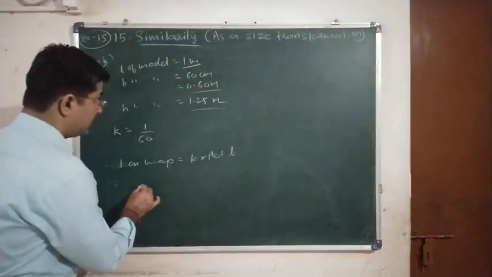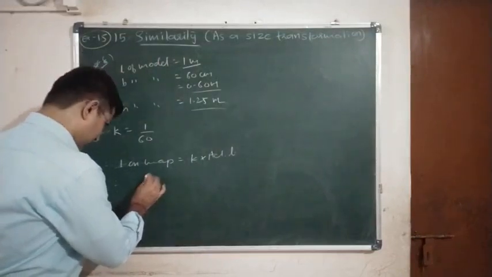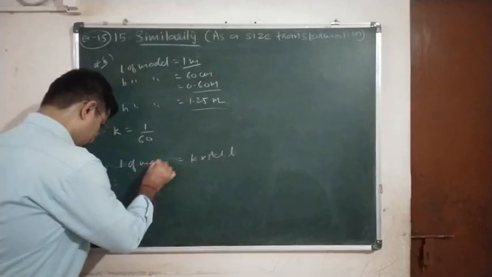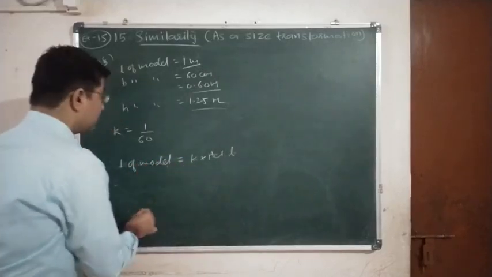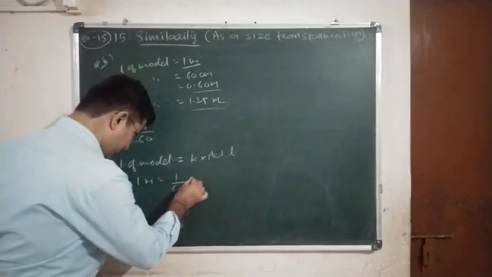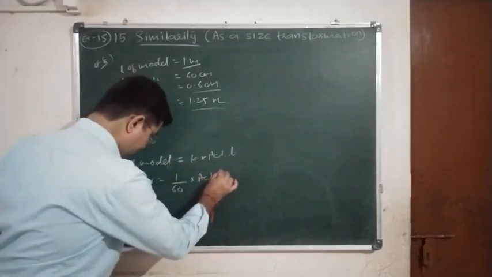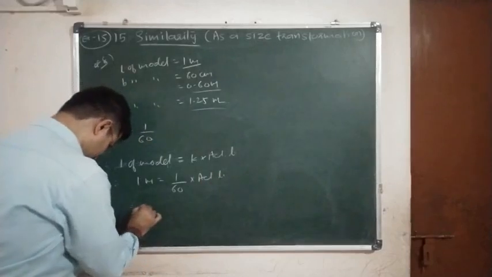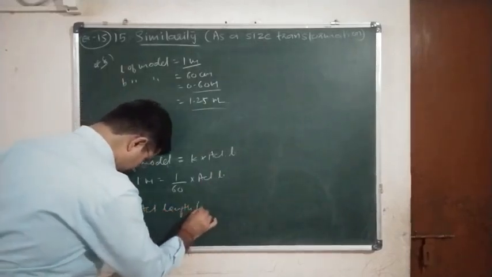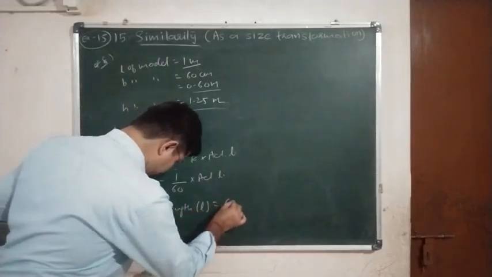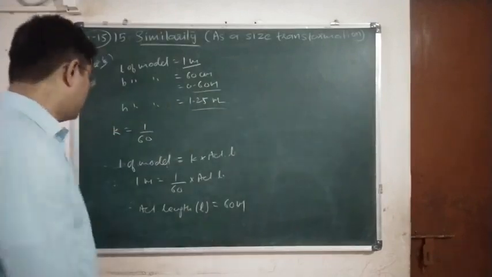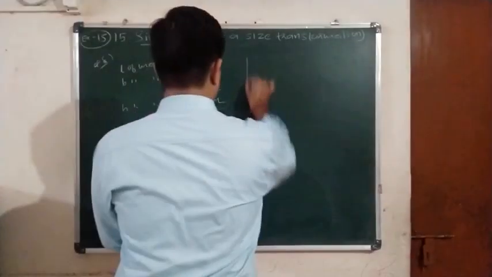The length of model is 1 meter, K is 1 upon 60 into actual length, and therefore actual length L will be 1 into 60, that is 60 meters. So actual length of building will be 60 meters.